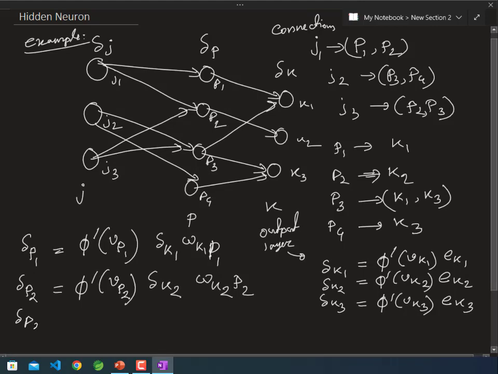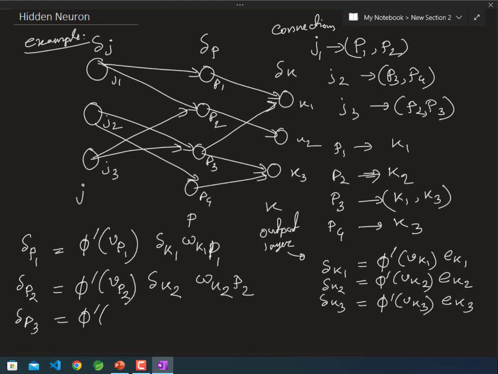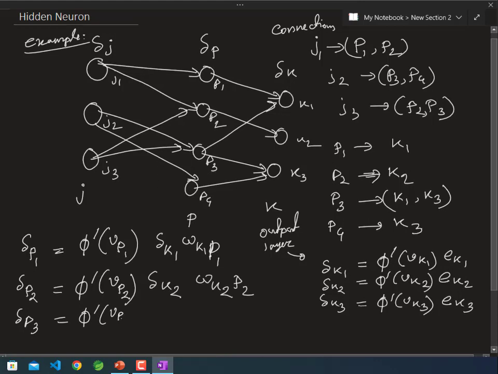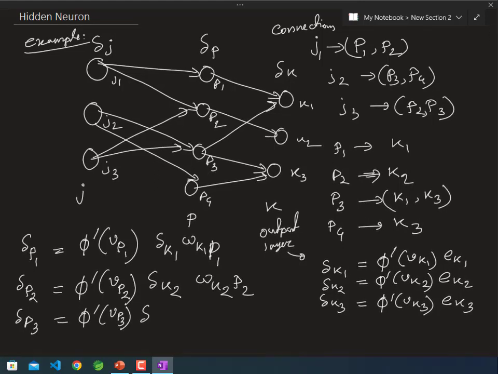What about delta P3? P3 is connected with K1 and K3, so now we can have the summation. So the phi prime of V P3 times the delta, which will now be considered as the summation over K1 and K3.